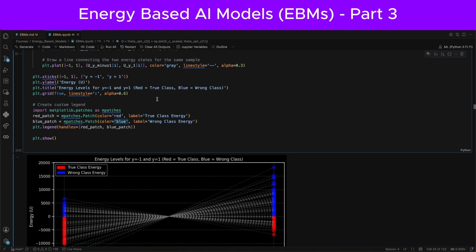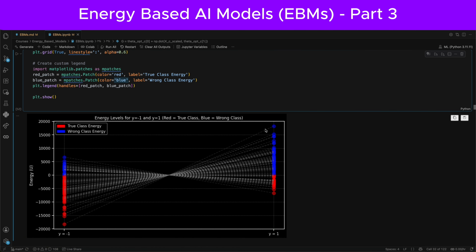We draw connecting lines to illustrate how the energy changes between the two possible classes for each given row of the dataset. As you can see, most of the red dots are on the lower side of the plot, which means the true y values have lower energies than their corresponding blue dots, indicating the wrong classes. The few red dots whose energies are larger than the corresponding blue dots are our misclassified samples.